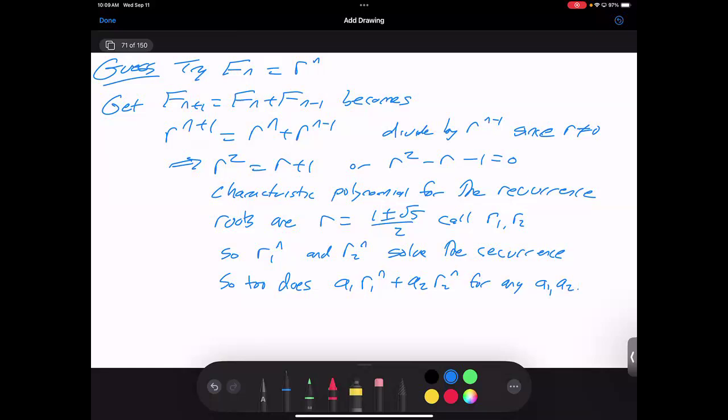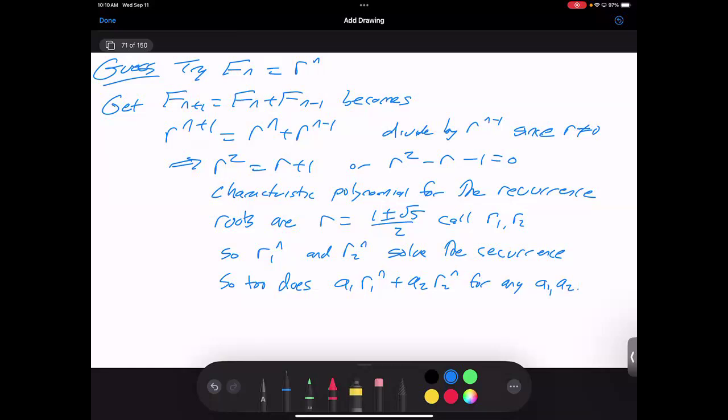I'll leave that as an algebra exercise for you. Because R1 and R2 satisfy R1 to the n plus 1 equals R1 to the n plus R1 to the n minus 1, if I multiplied everything by 5, it would still satisfy that.